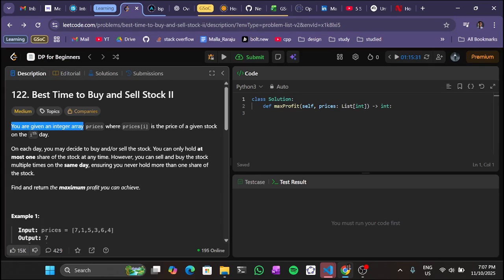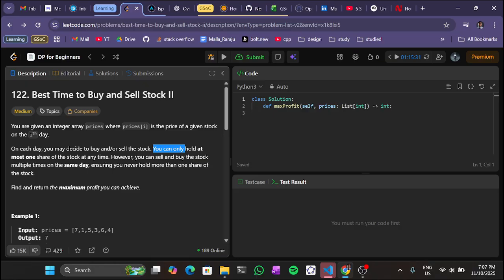You are given an integer array prices where each element is the price of a given stock on the ith day. On each day you may decide to buy or sell the stock. You can only hold at most one share of the stock at any time.